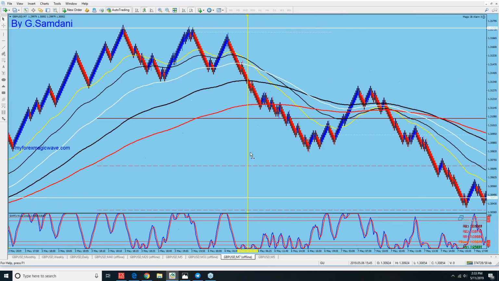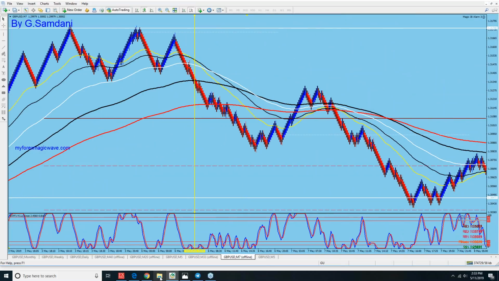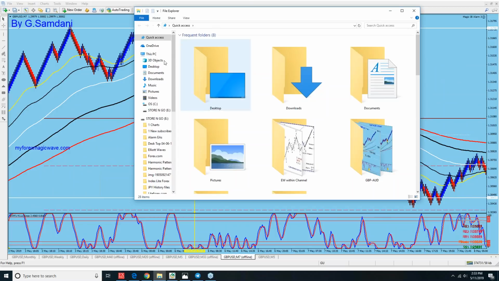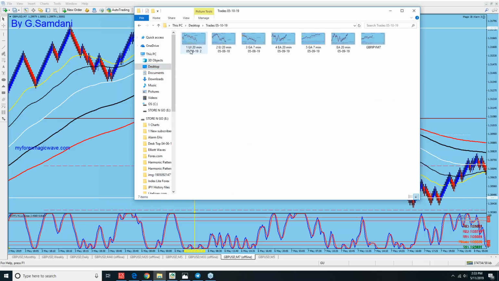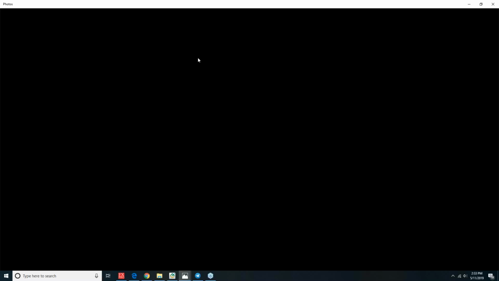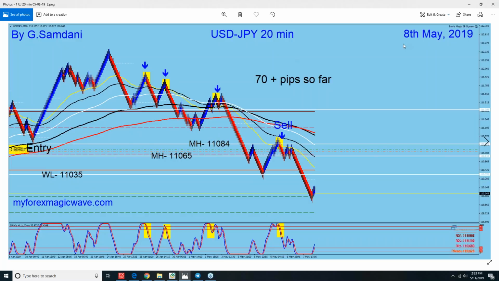By the way, about the fee, let me show you my trades, only from last week. For example, this is in one day when the yen was dropping on the 7th and 8th. This was the trade, 70 pips.